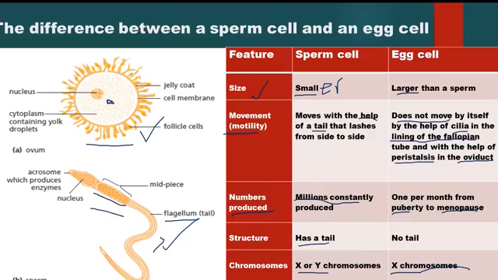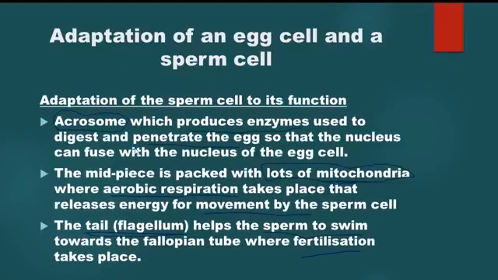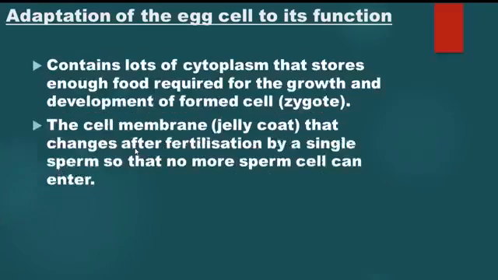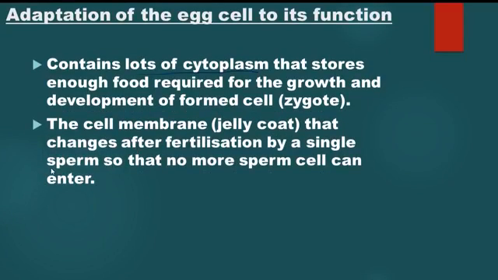So lots of cytoplasm that stores enough food required for growth and development of the zygote. So it contains lots of cytoplasm that stores enough food which is required for the growth and development of the zygote.